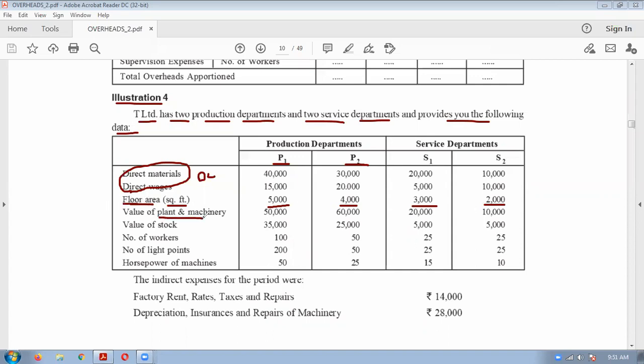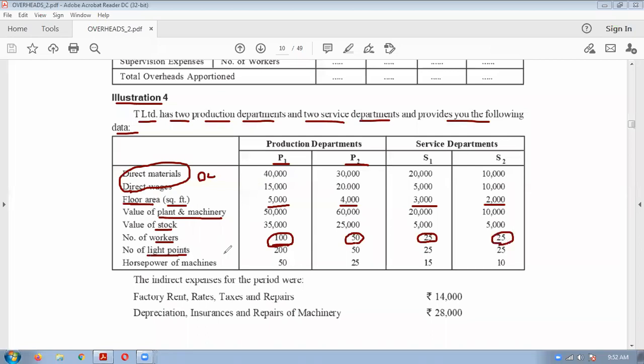Then value of plant and machinery is given. Value of stock, number of workers working in production department: 100 workers are there in P1, 50 workers are working in department P2, 25 workers are there in service department S1, and 25 workers in S2 department.